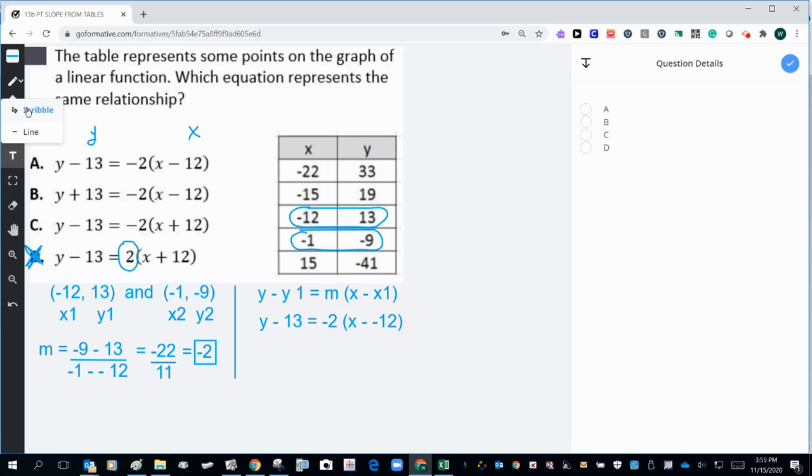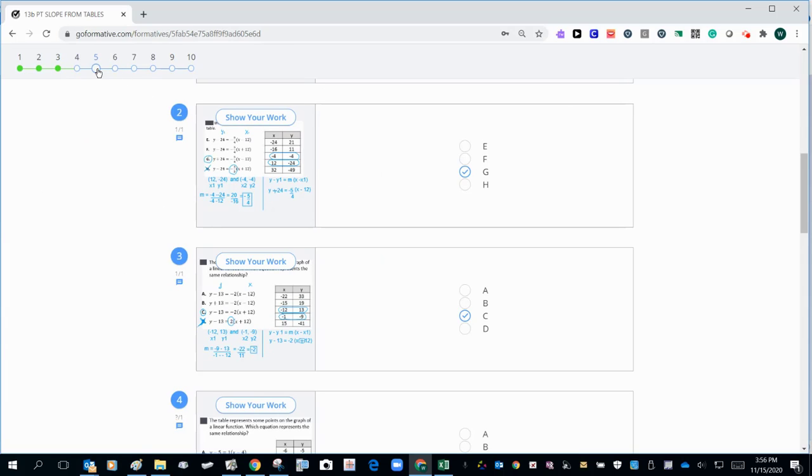Now we know that 2 negatives becomes a positive, so these 2 negatives right here will become a positive. So with that, we know that the answer will be letter C. We click right there. Let's check. We got a green light.